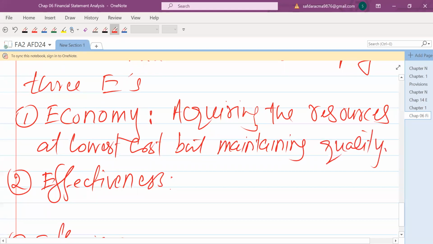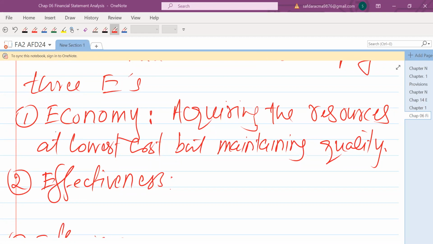This is called economy. Economy का मतलब होता है कि acquiring the resources at the lowest cost but maintaining the quality. आपने सस्ता भी खरीदना है, but you should not lose any quality.